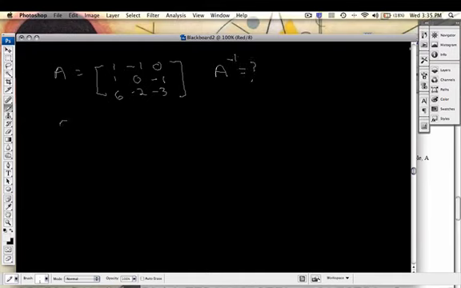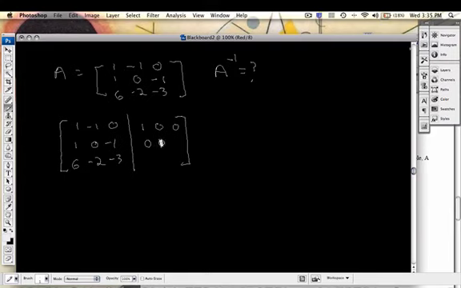Okay, well, I'm going to set up an augmented matrix with matrix A on the left, and I'm going to put the identity matrix, a 3 by 3 identity matrix, on the right.